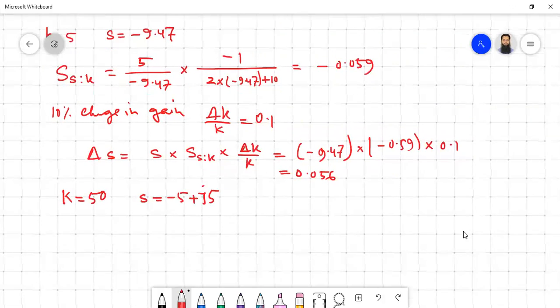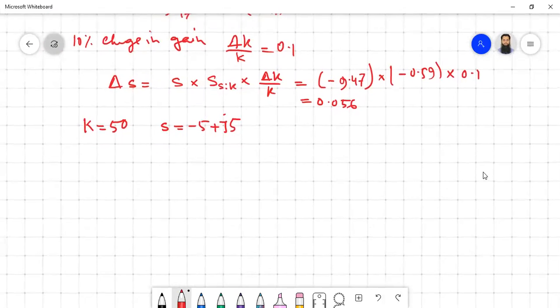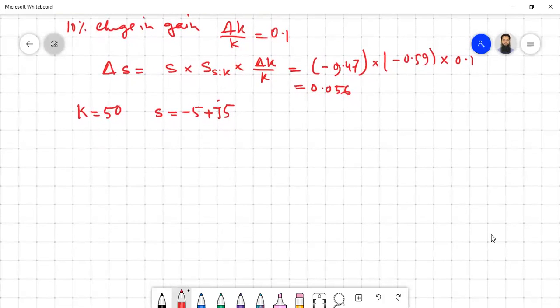In this case, what is our sensitivity of S with respect to K, and for del K by K equal to 0.1, what is the value of del S? This is what they want to know.